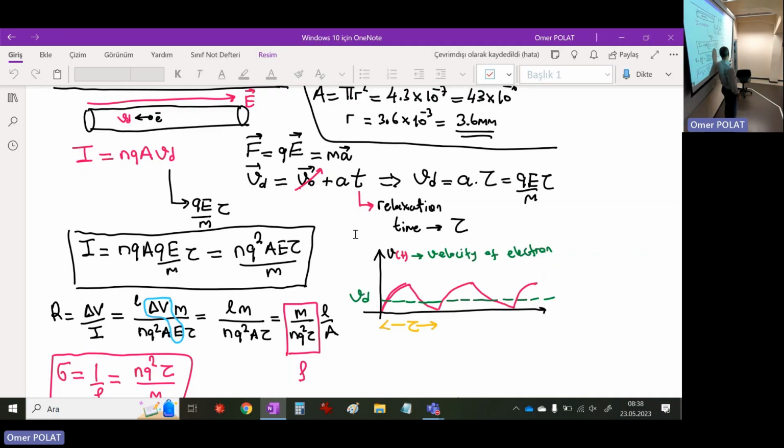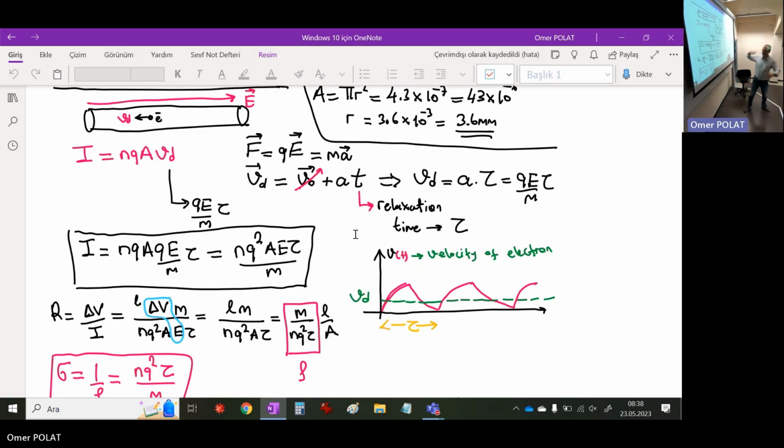In this case, the acceleration of the electron is about zero because the electron continuously collides with another electron. For example, that number for copper is 1 trillion times in 1 second. In 1 second, a copper electron hits another copper electron 1 trillion times. Imagine you have a car and you are colliding with another car 1 trillion times in 1 second. It's impossible to move.